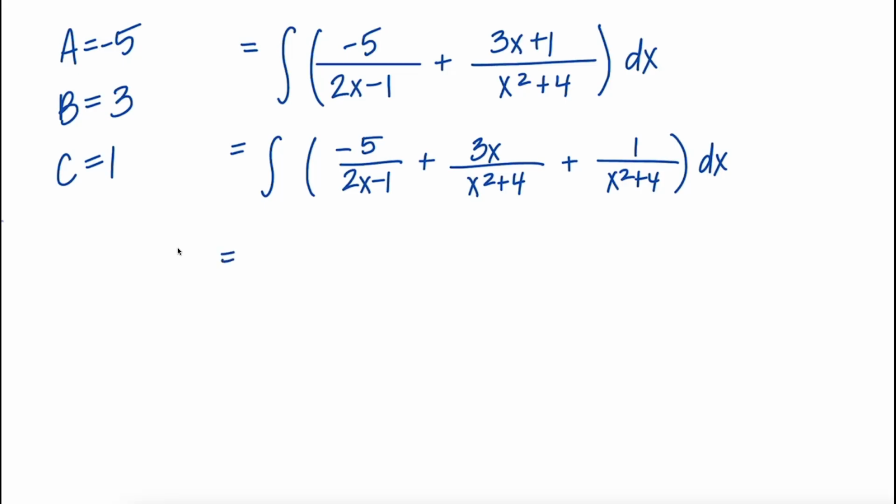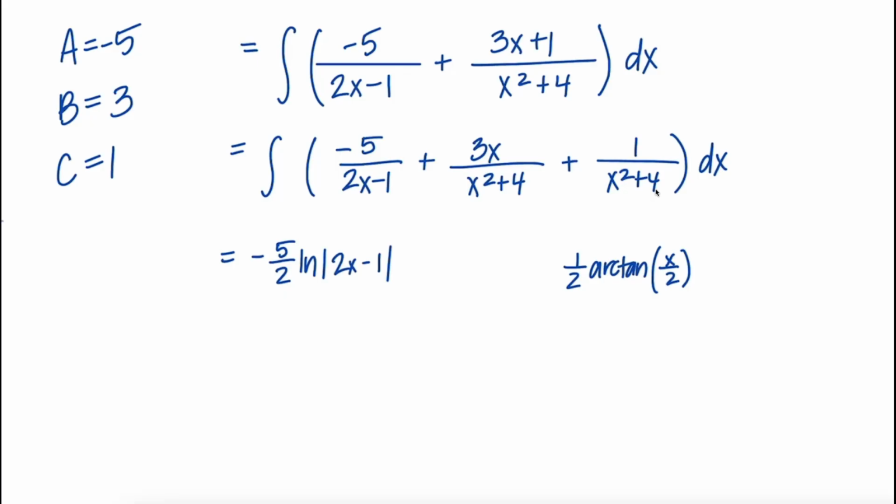So we're going to have -5 over 2, because a 1/2 is going to come out here. And then the natural log of absolute value of 2x minus 1. And then the integral of 1 over x squared plus 4 is going to be 1 over 2 arctangent, or tan inverse, of x over 2.